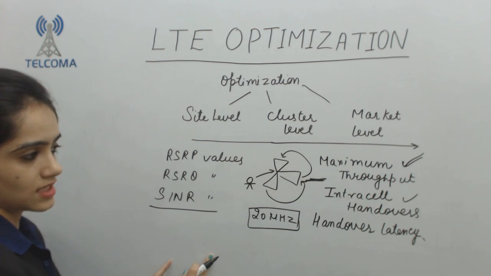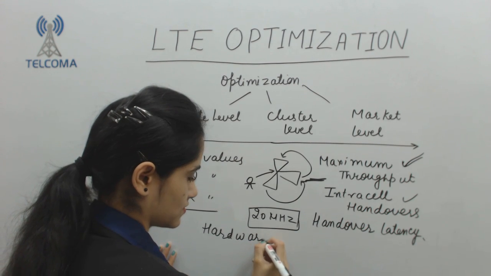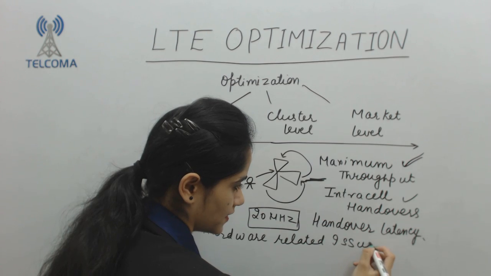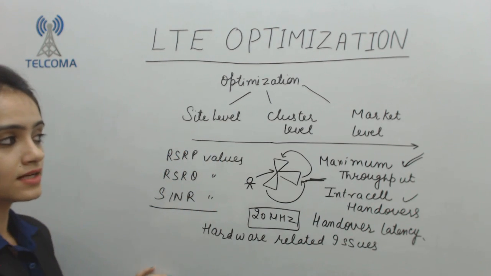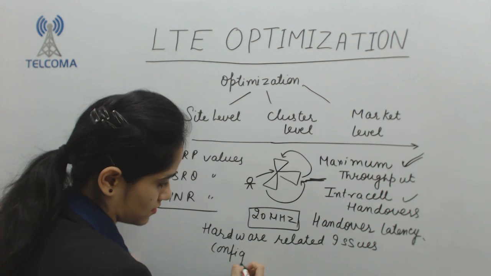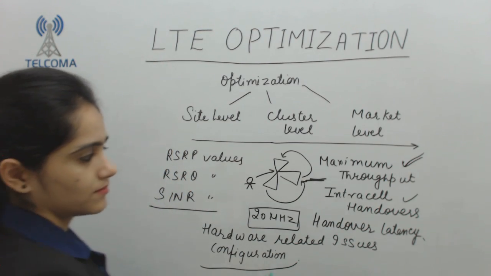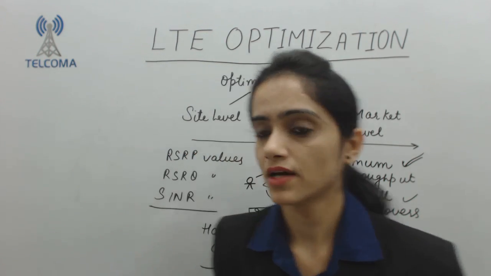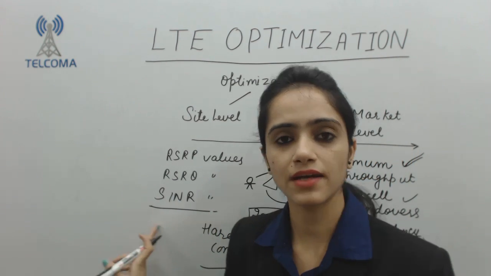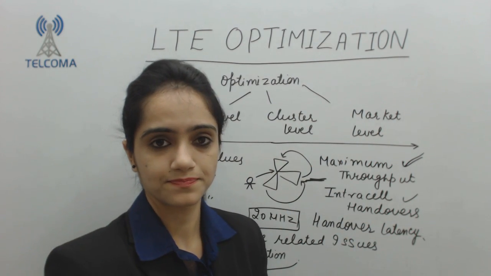In a single cell function test, the optimizer has to find out all hardware related issues, or any issues related to configuration. If the KPI values are in range, this is okay. But if the values are not that good, we require to optimize this site.